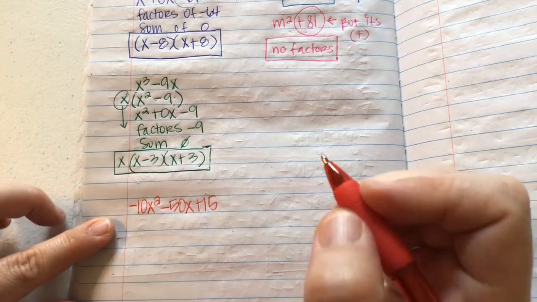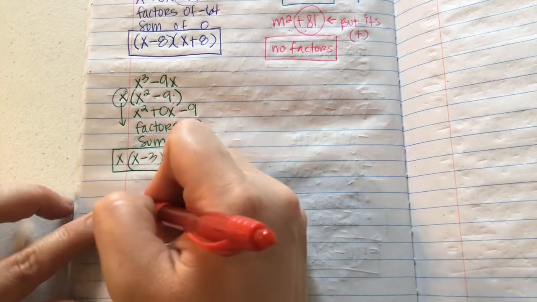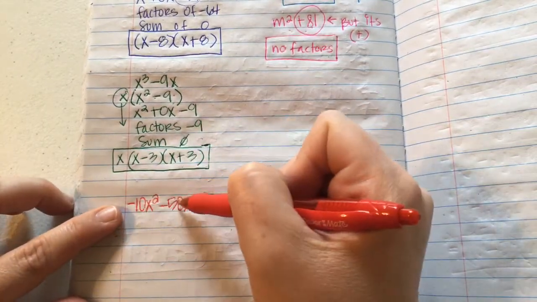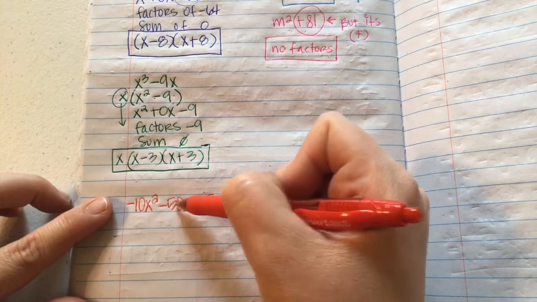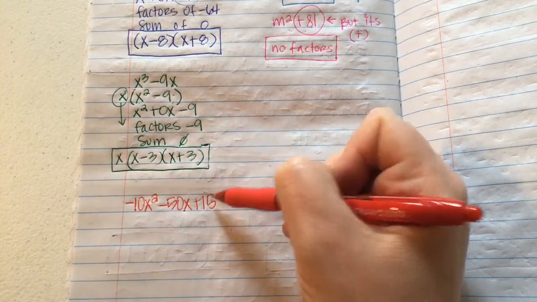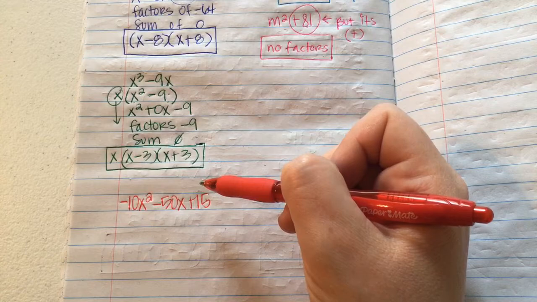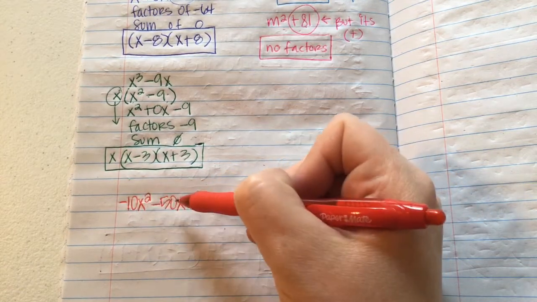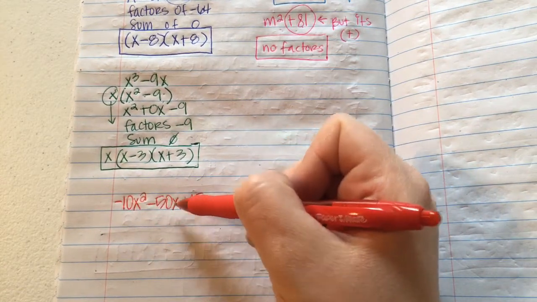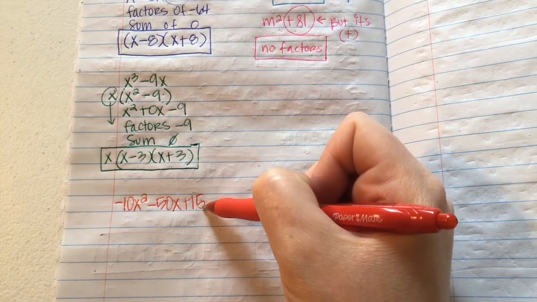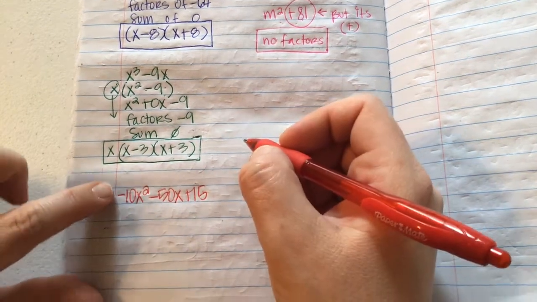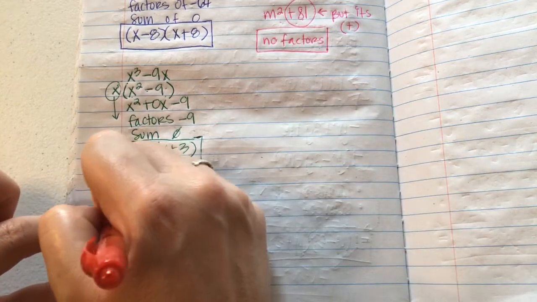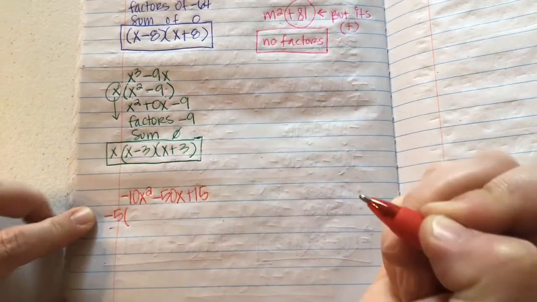So I'm going to take out that negative. Can they also be divided by anything else? Can negative 10, negative 50, and 15 have a greatest common factor? Negative 10 and negative 50 have 10 in common, but 15 doesn't. Oh, they can be divided by 5. But also, remember, I've got that negative, so let's take out a negative 5 from everything.